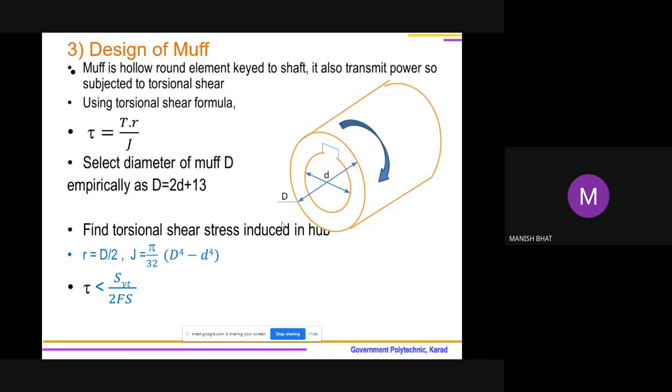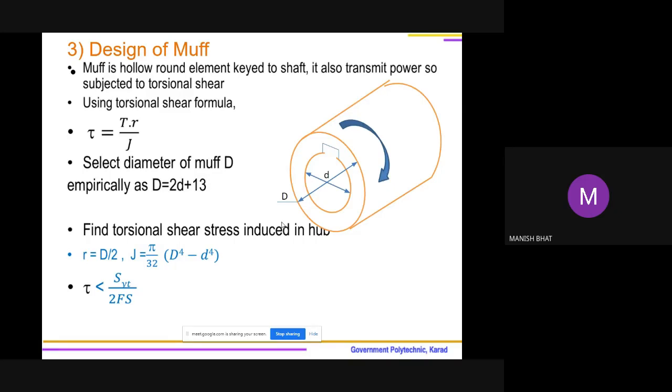So how are we in a position to find R? R is equal to the outer diameter, capital D upon 2. What is the polar moment of inertia for a hollow section? It is pi by 32 times outer diameter raised to 4 minus inside diameter raised to 4. So J is equal to pi by 32 times D raised to 4 minus d raised to 4.